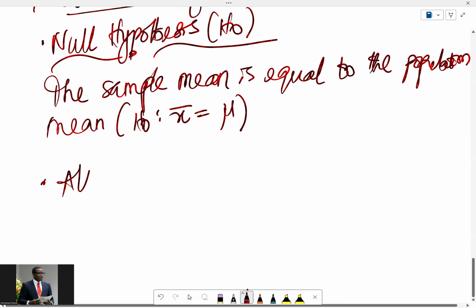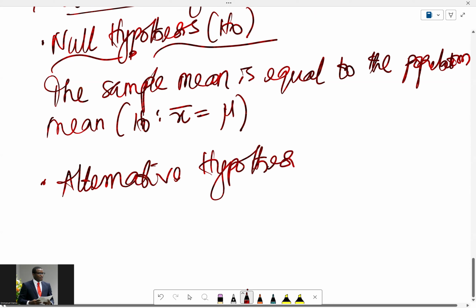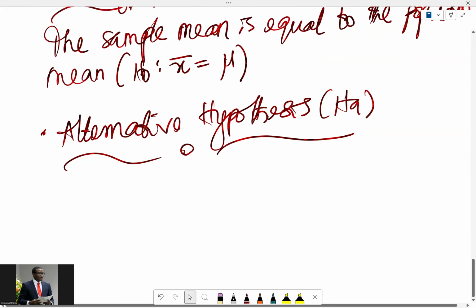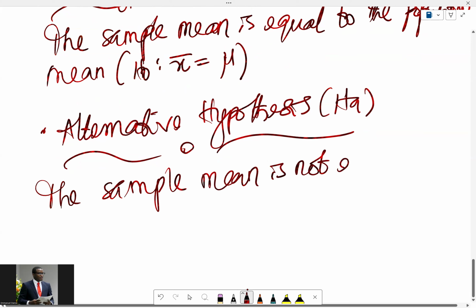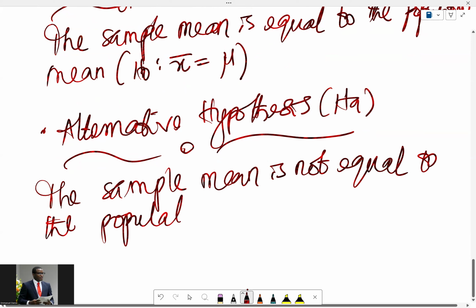Then you have the alternative hypothesis. That's your HA, or if you like, H1. So here, just negate the null hypothesis. So the sample mean is not equal to the population mean.